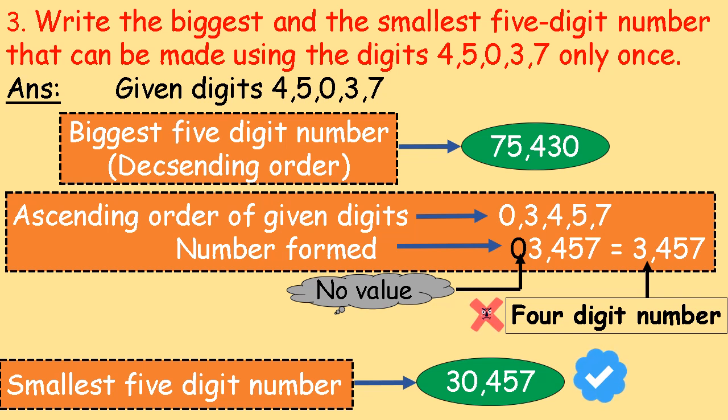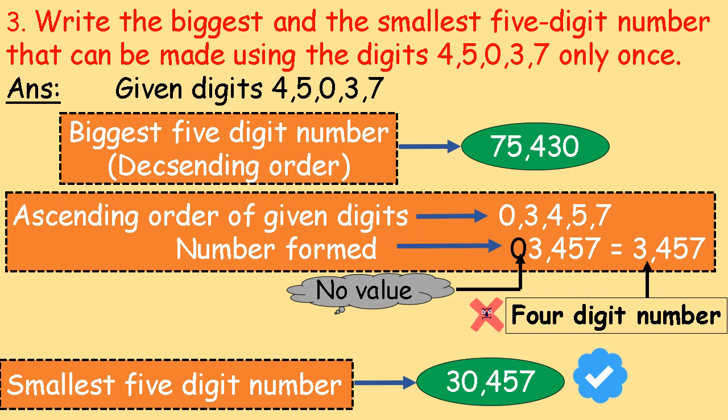To get the biggest 5-digit number, we have to arrange the given digits in descending order. So here we got our biggest 5-digit number as 75,430.